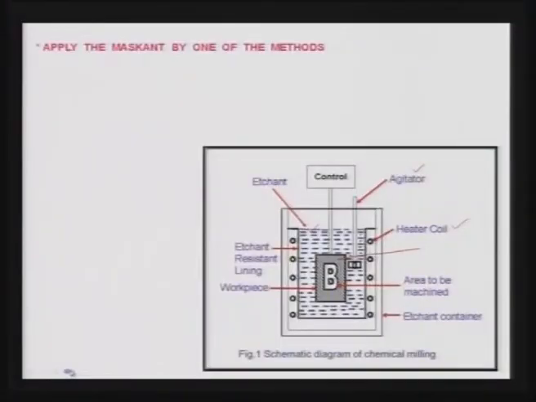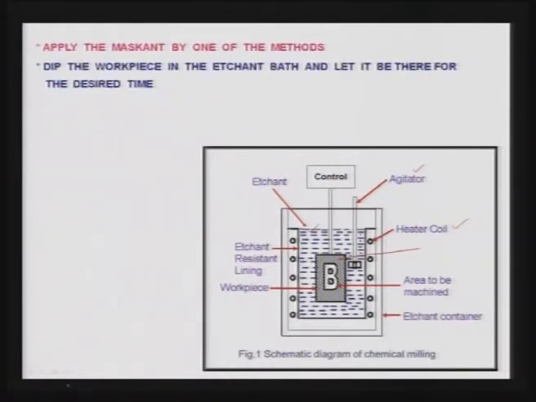So, apply the maskant by one of the methods I have mentioned in the earlier slide, that was either the photoresist method, screen printing, or cut and peel methods. Dip the workpiece in the etchant bath and let it be there for the desired time.